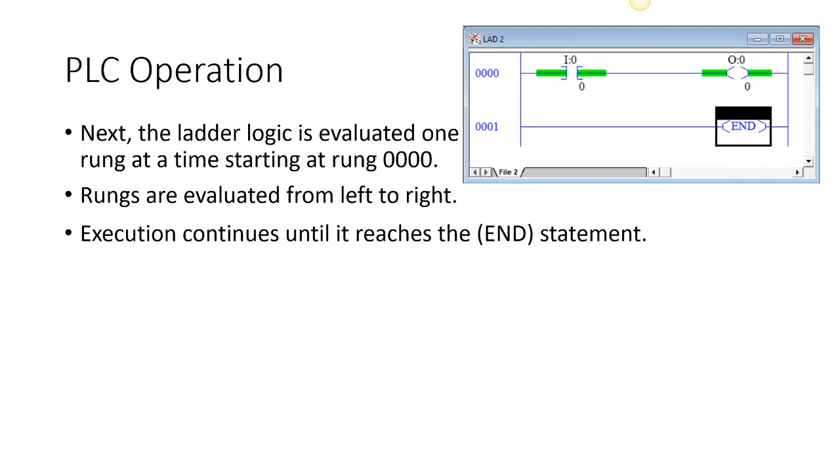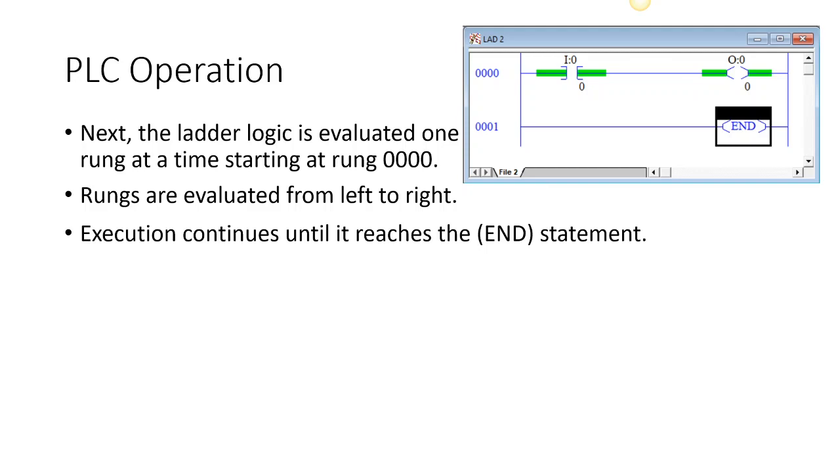Then it would go to rung 1, evaluate left to right, and if there were a rung 2 and a rung 3 and a rung 4, it would evaluate all of those in order. And it knows when it is finished with evaluating the program when it reaches this end statement. So you can see the end statement in the upper right-hand portion of the screen, and it has kind of a black box around it.